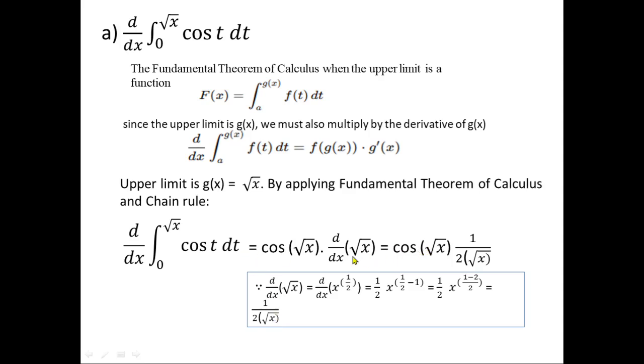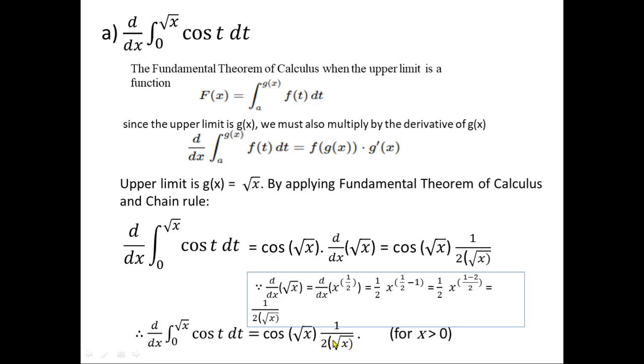So the differentiation of root x is 1 by 2 root of x, and therefore d by dx of the integral from 0 to root x of cos t dt equals cos of root x into 1 by 2 root of x, for x greater than 0.